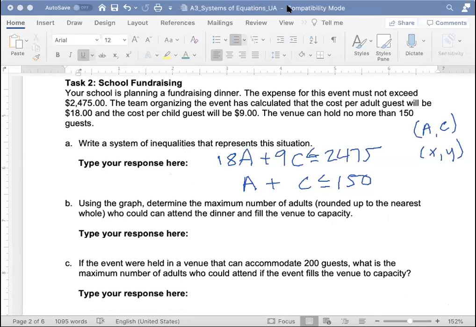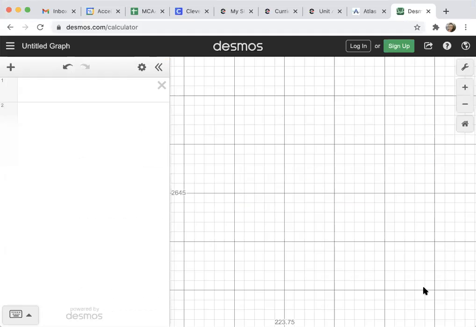Let me make sure I get the. Okay, so now you should be able to see the Desmos calculator, and my formulas erased, but I think I can remember them.